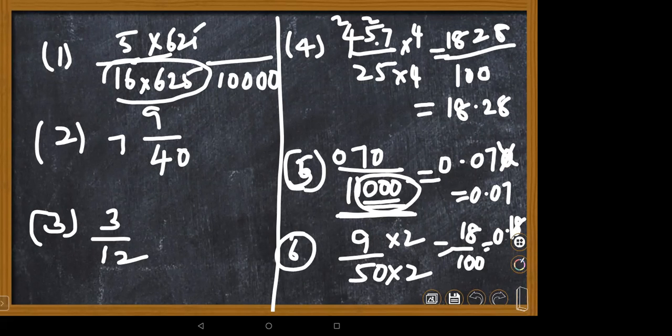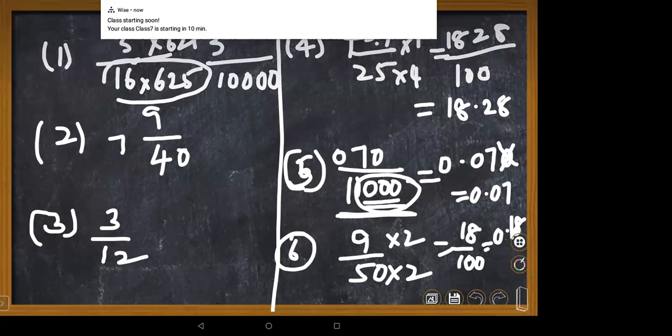Please multiply and give the answer, children. 625 multiplied with 5. Varnika? I think the answer is 3125. Very good. 3125.